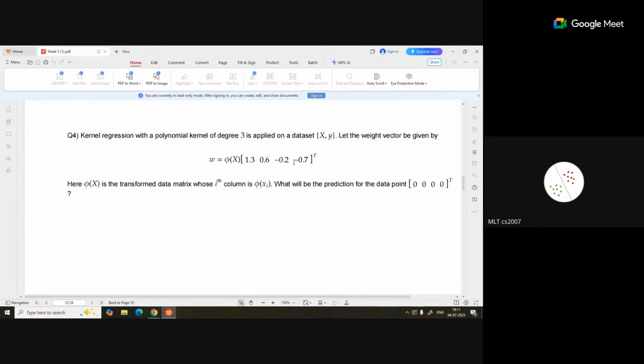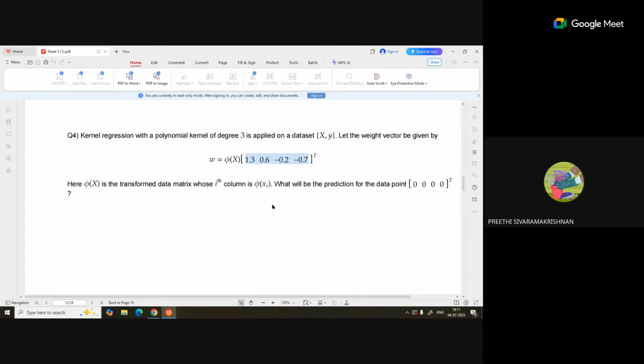The polynomial kernel is given to you, right? What is that polynomial kernel of degree 3? How does it look? Xi xj plus 1 to the power 3. And what is this giving me? Alpha star.